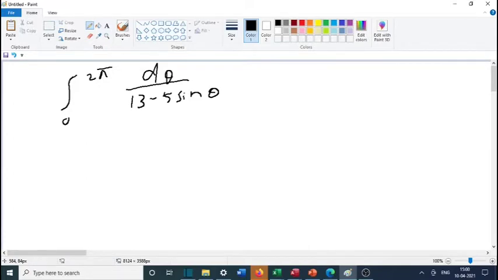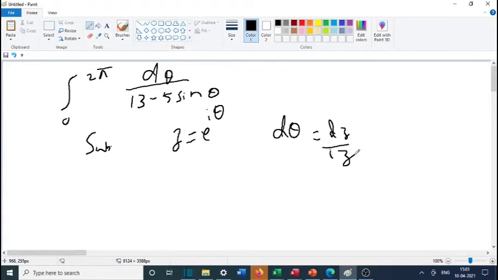So we have to substitute z equal to e raised to i theta. Then d theta is equal to dz by iz. Sin theta is equal to 1 by 2i into z minus 1 by z, or z minus z raised to minus 1. Here there is no cos theta term, so we do not have to substitute it.